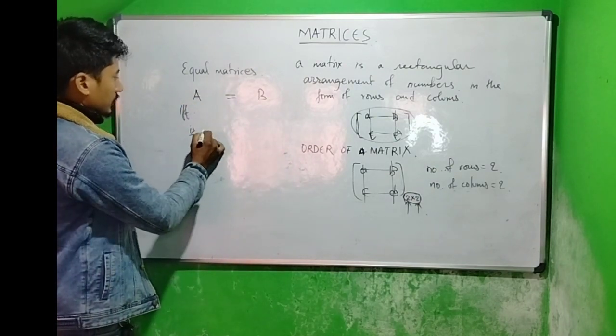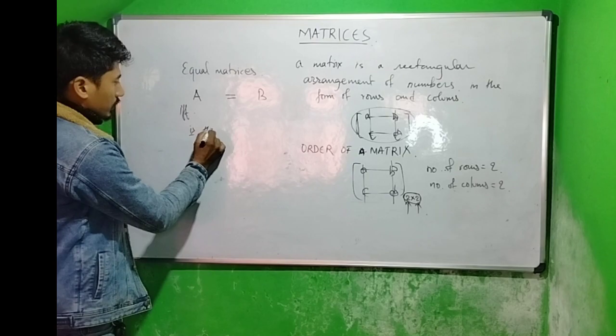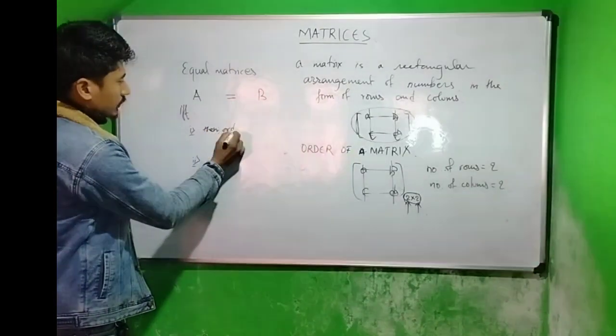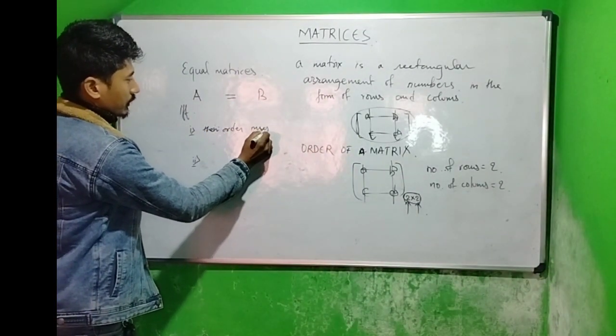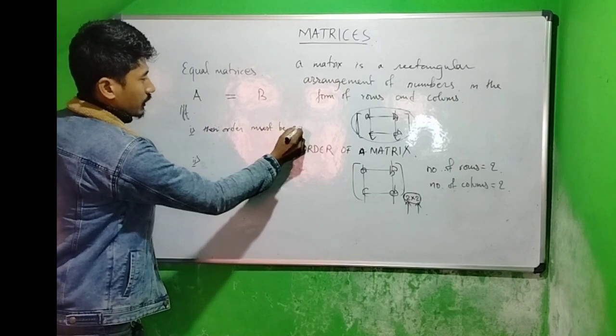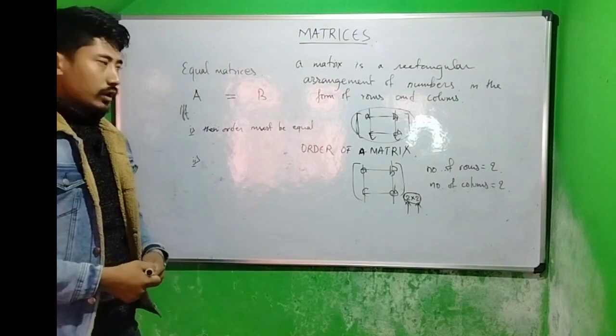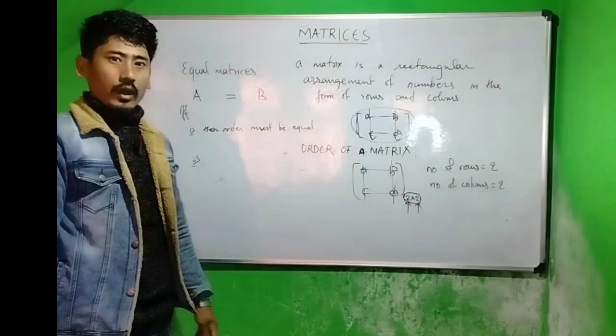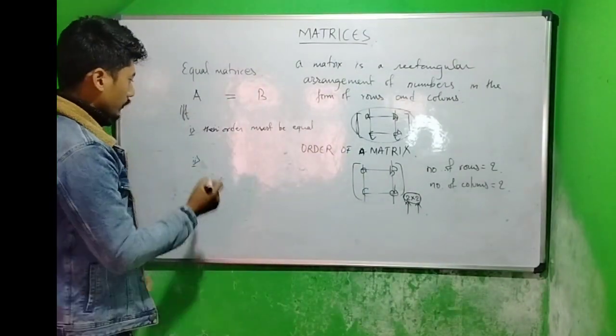First condition is their orders must be the same, or must be equal. That means both of these 2 matrices should be of the same order.